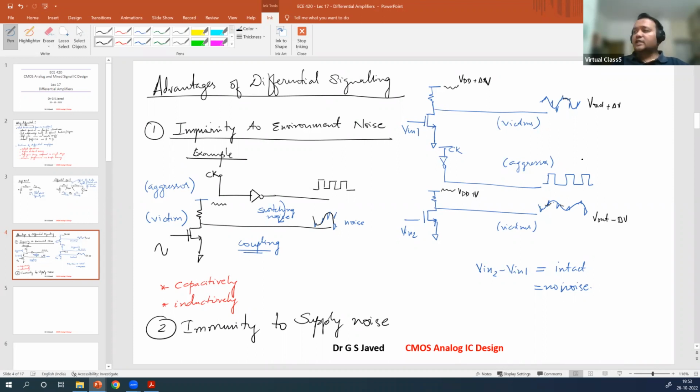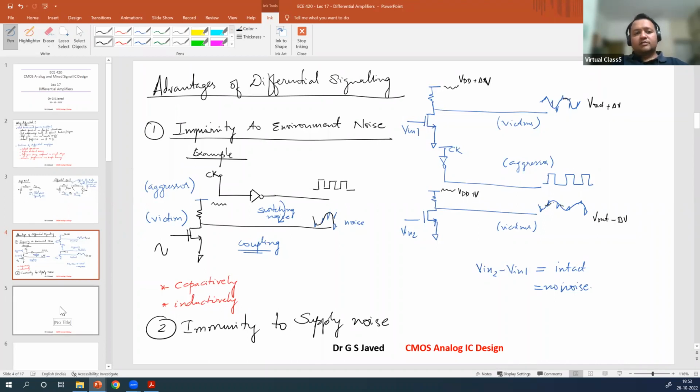The supply noise difference will go away, and you will get this. So it is immune to supply noise, common mode noise.